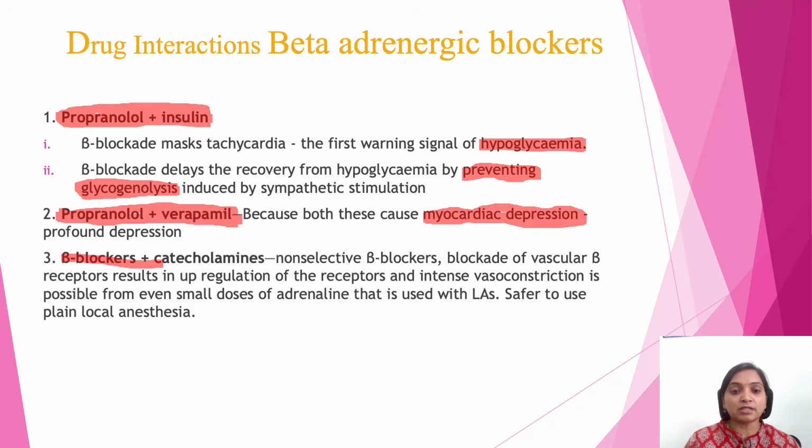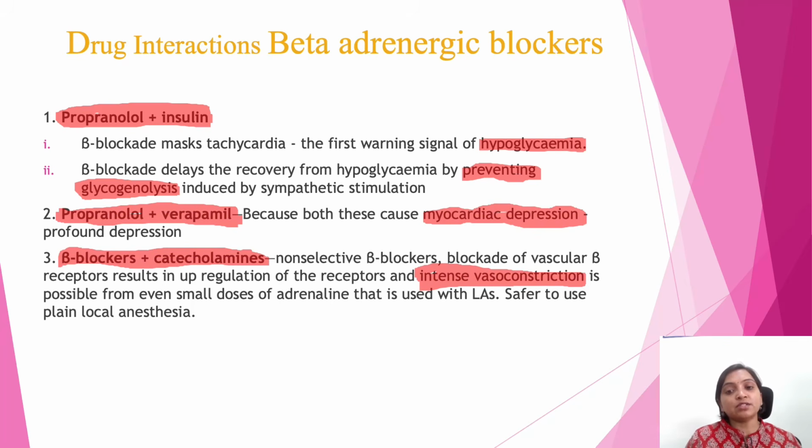Beta blockers plus catecholamines should also not be given, mainly with non-selective beta blockers, because there will be upregulation of alpha receptors resulting in intense vasoconstriction. So this is mainly seen when you give adrenaline in case of local anesthesia. Usually that is what is practiced, lignocaine and adrenaline, to increase the concentration of local anesthetic at the desired site.